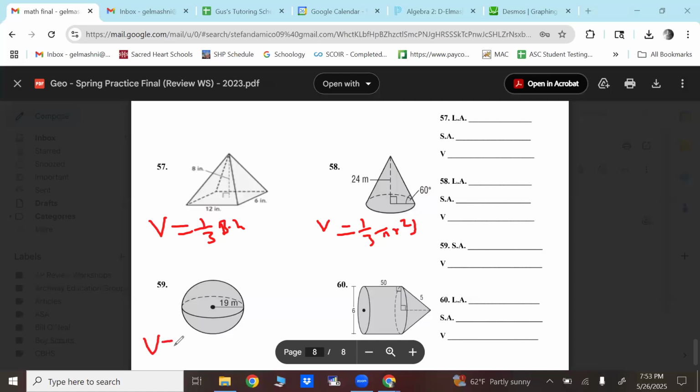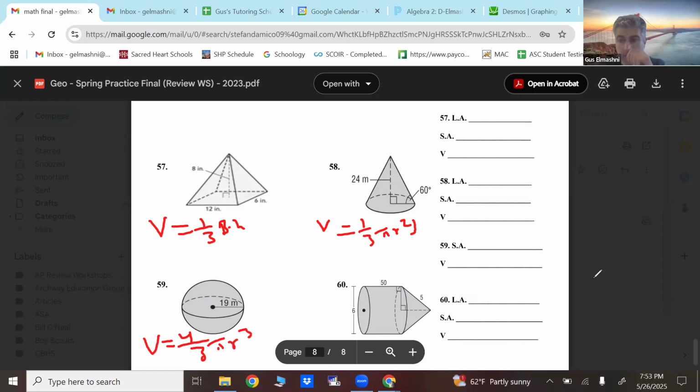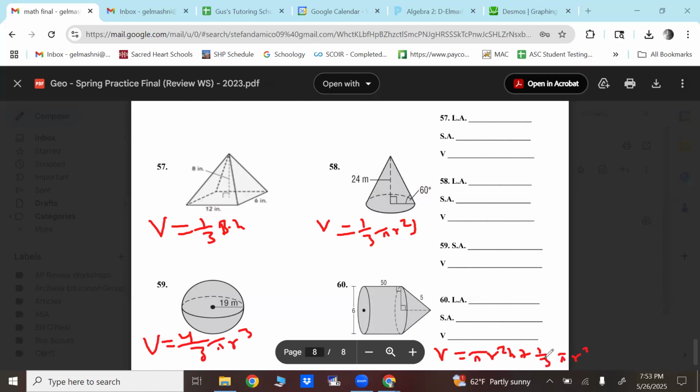Here it's 4/3 pi r cubed. And here it's going to be a cylinder, which is pi r squared h, plus 1/3 pi r squared h. It's a different height, h1, h2.